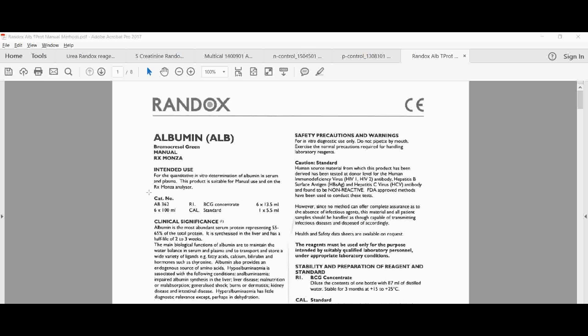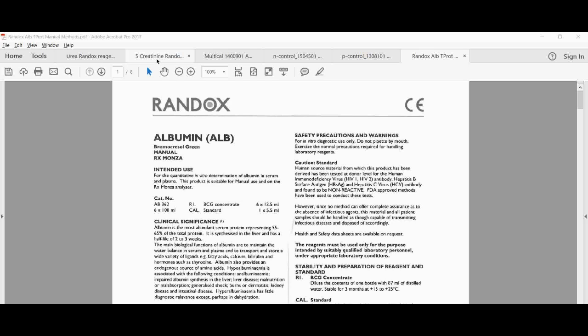Then the next item is catalog number, and the catalog number just indicates the kit identifier for the manufacturer. So each kit and each reagent will have their own catalog number, and even one reagent might have different catalog numbers as well.